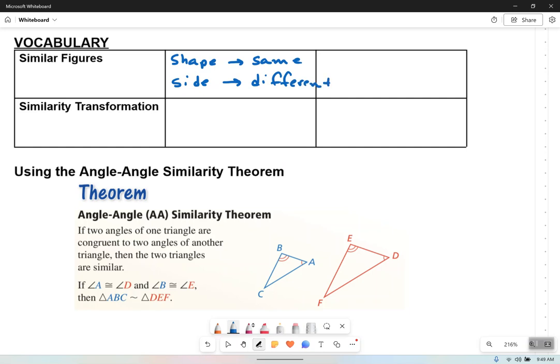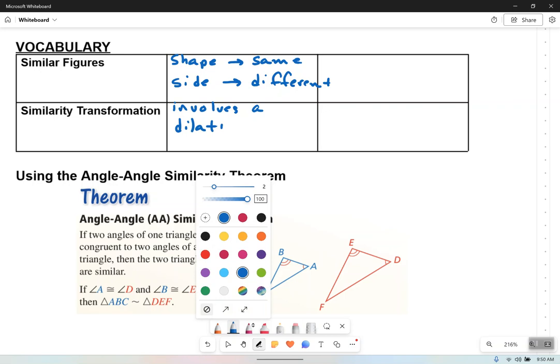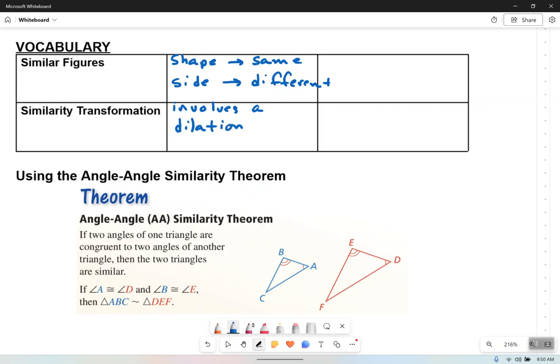All right, guys, what kind of transformation changes the size of a figure? Remember what that was called? Start with a D. Dilation. Okay, a similarity transformation involves a dilation somewhere. A similarity transformation is going to keep the shape the same.